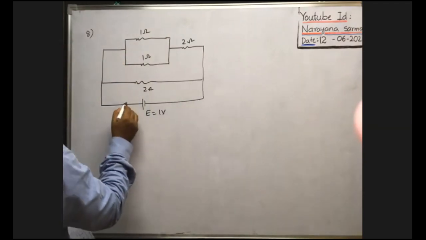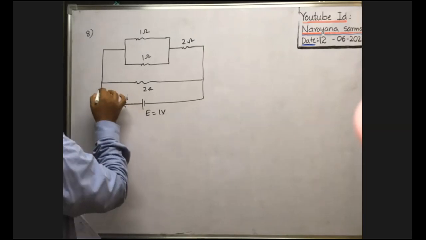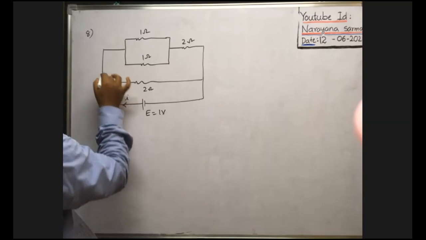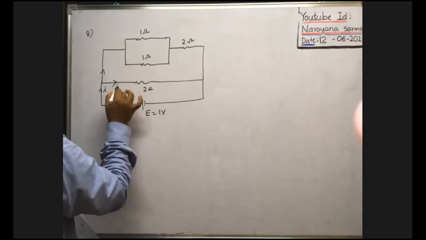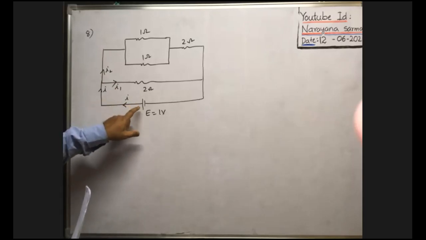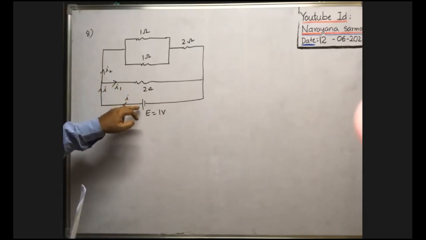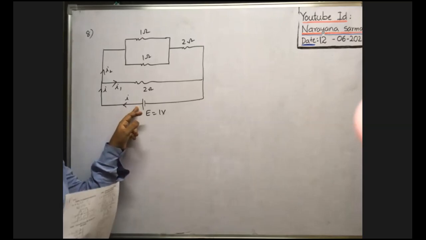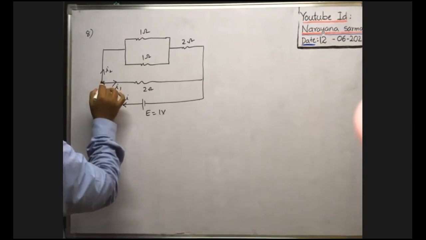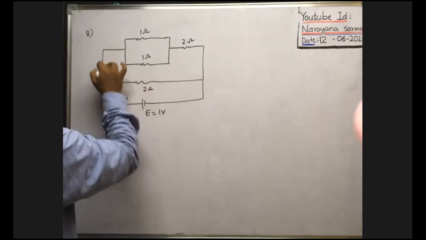Here the cell supplies, suppose say, I current. This I current, when it reaches the junction here, divides into two parts, through this part and through this part. This is say I1, this is I2. Here the current passing through the cell is the main current. That main current when it reaches the junction divides into two parts, I1 through this resistance and I2 through this resistance.